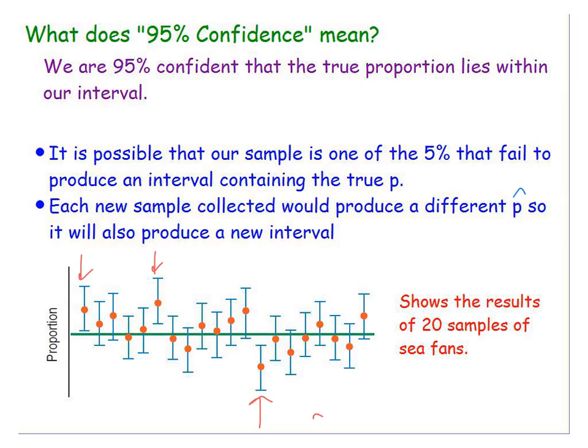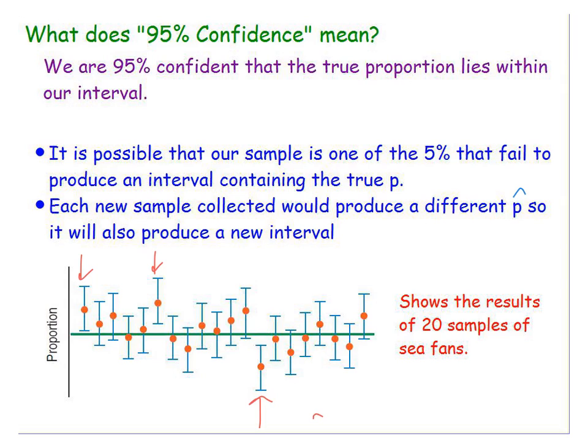Notice the green line doesn't go through them. What that means is that p, our real proportion, isn't in those intervals. Those are the 5% that don't produce an interval that works. That's why we are never able to say 100% confidence, because we can never guarantee that every possible interval works. So those 3 did not work.